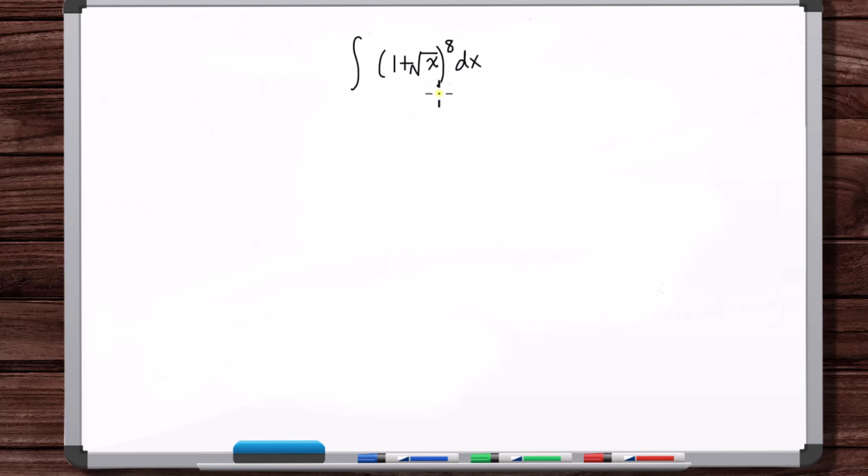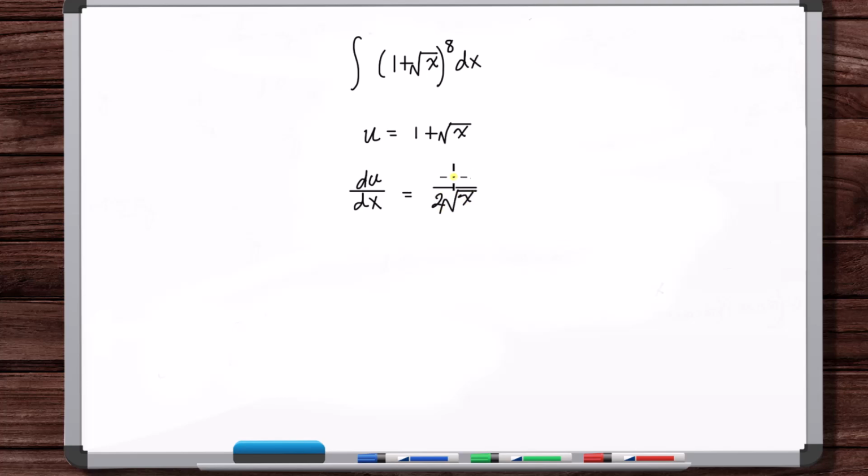Okay, but we can actually solve this using substitution, what I'm calling a simplifying substitution. So let's still say that u is equal to 1 plus root x. Okay, so we don't have a root x in the denominator, but we can still do this.